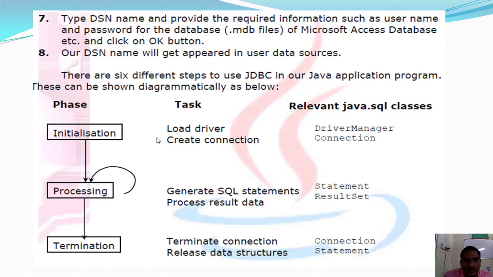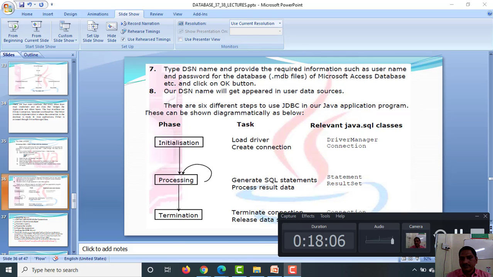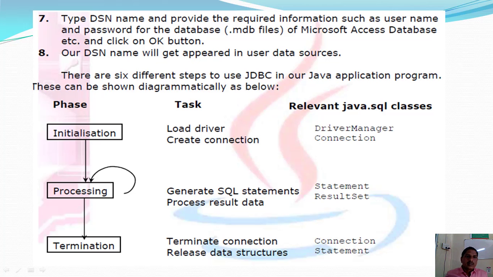The classes are statement and result set. Third phase is termination: terminate the connection and release data structures. For this, the important classes are connection and statement. These are the 6 steps to use JDBC.